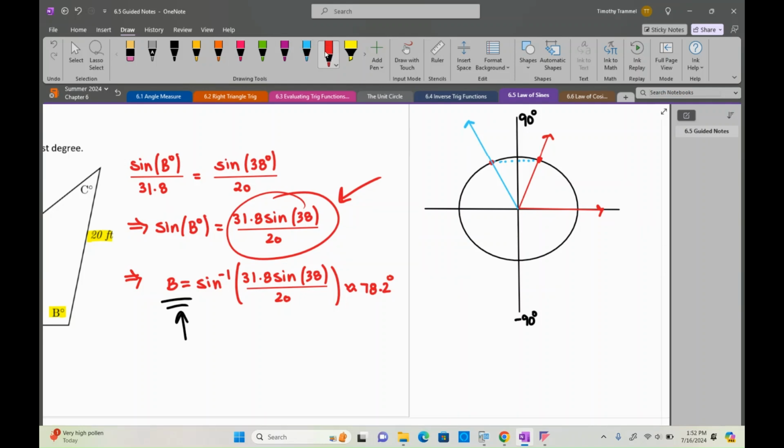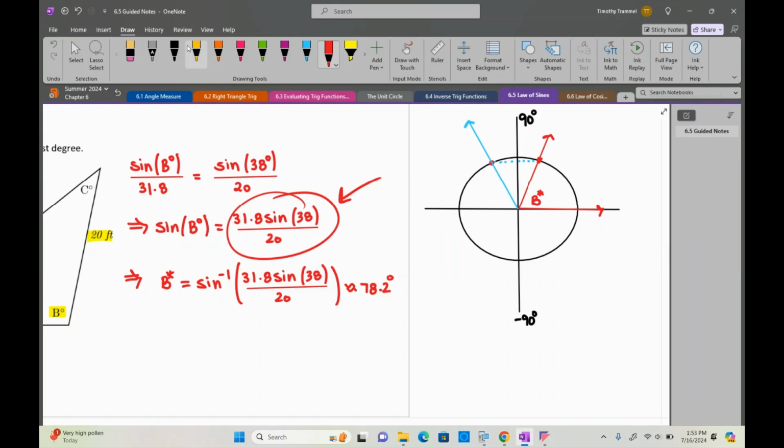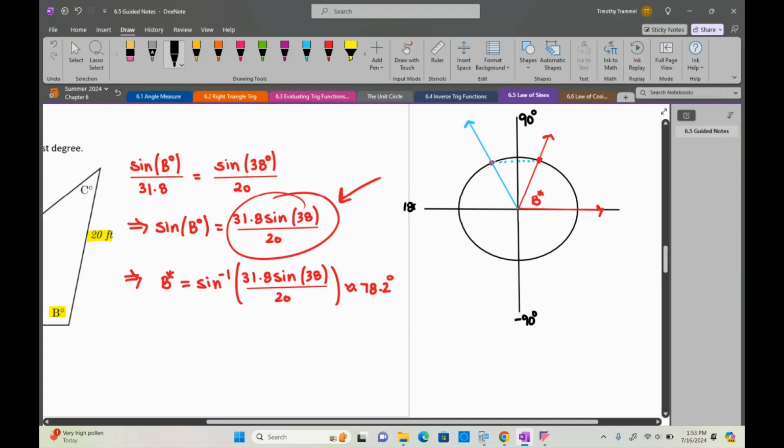So instead of calling it B, let's call this one B star, just indicating this isn't the one we were looking for. In our sketch, it's this. I also want us to note that it is 180 degrees to get to here.